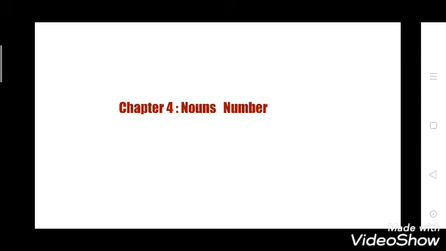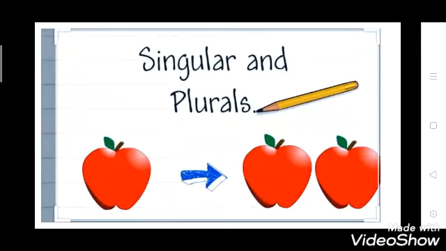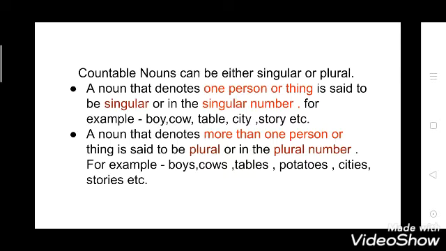Now coming to our new chapter, that is chapter 4, noun's number. Number indicates whether the noun is singular or plural. And what are singular and plural nouns? They are called countable nouns. Countable nouns can be either singular or plural.